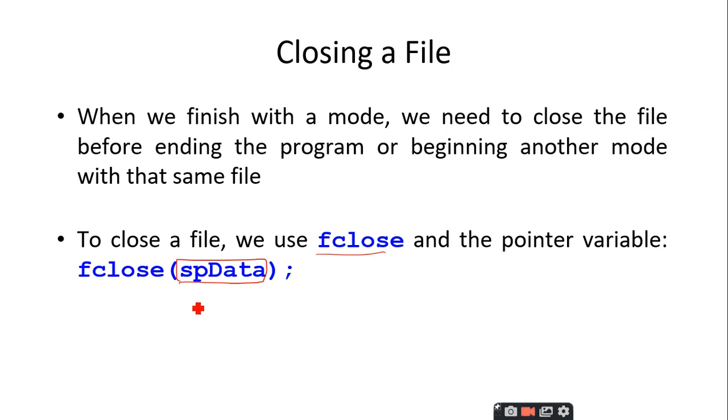So in our example, if you continue with the previous example, if I want to close my file lab.dat, I am not going to give the file name. Why? Because I have created a stream and I have linked that stream with the original file using fopen, and for any operation I want to perform, I will be using the file pointer only. So this is how I can close my lab.dat file.